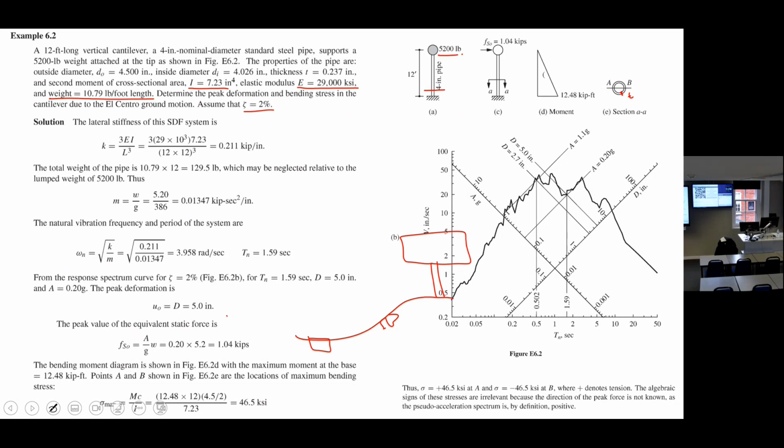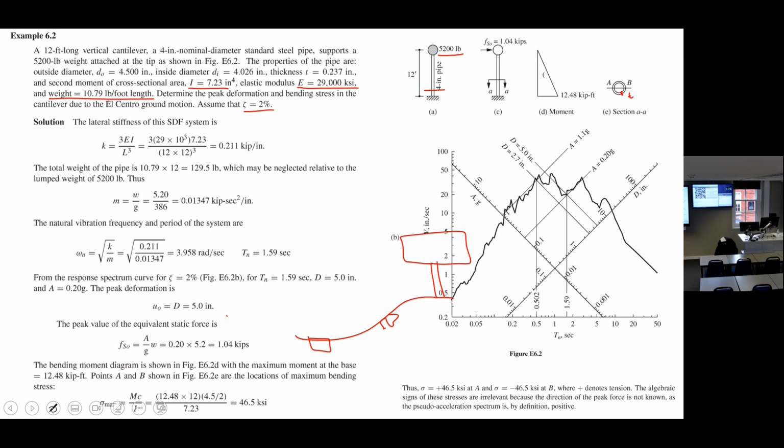5,200 pounds. Okay, the water tank there, we're assuming probably it's full. And the weight of the column is 10 pounds per foot, which means with 12 feet you have something like 100 something, but you can neglect the weight of the column in comparison with the top weight.